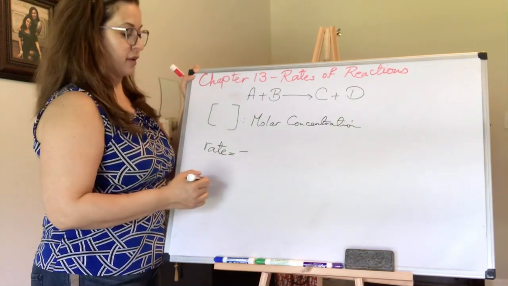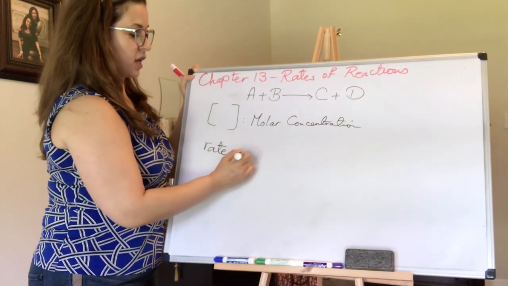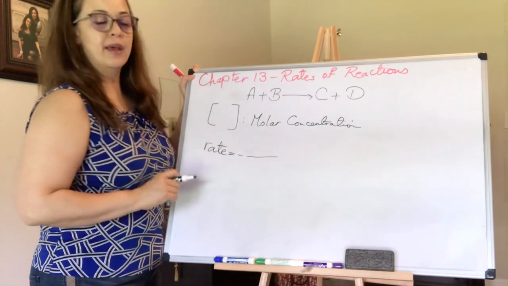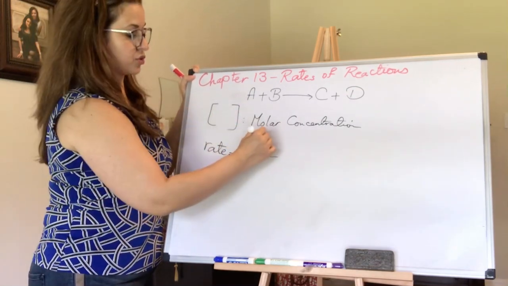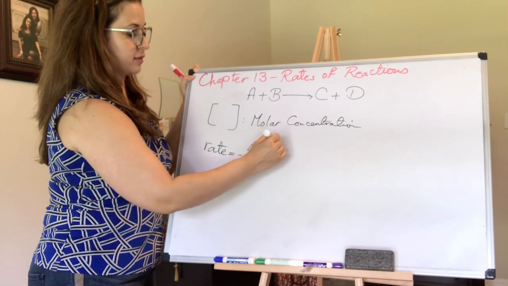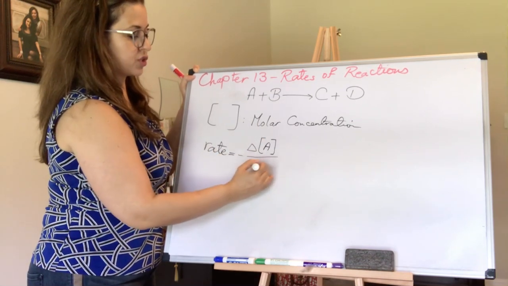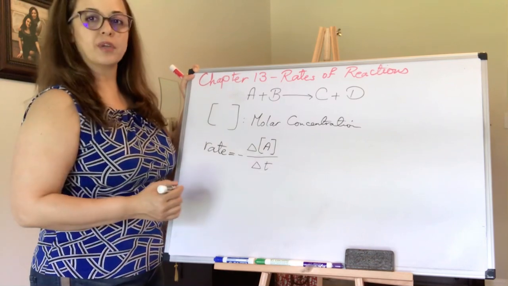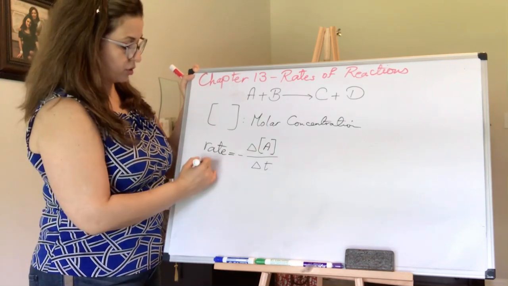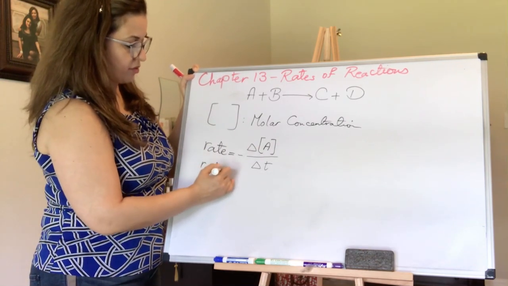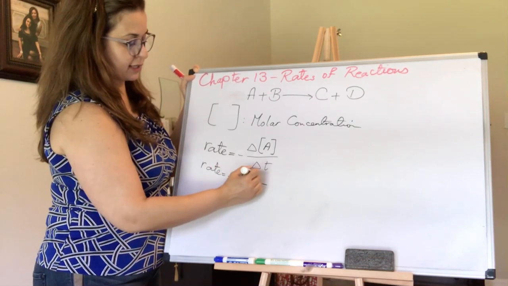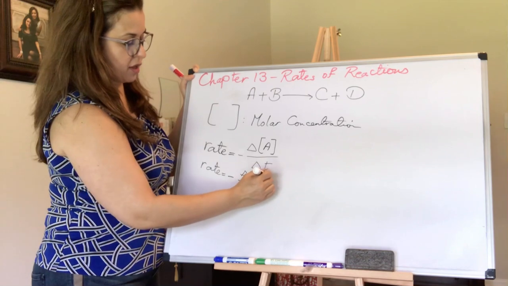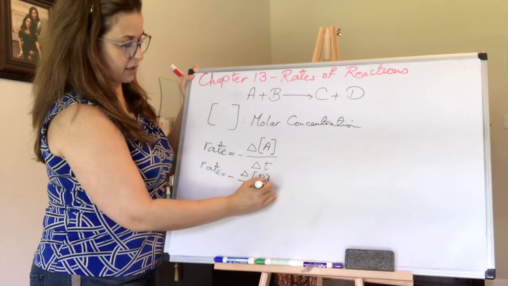So we need a negative sign. The negative sign shows the decrease in the concentration. The change, delta, in the concentration of a reactant over change of time. Or if you want to write it for the other reactant, you will have the same, minus delta concentration of B over delta T.